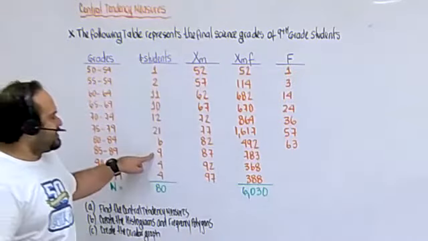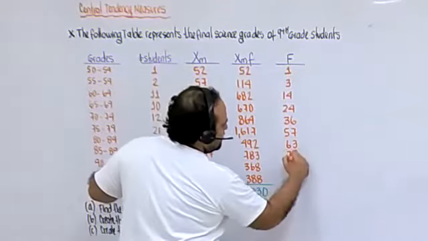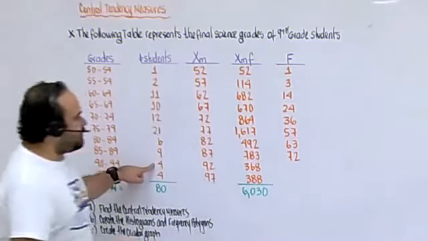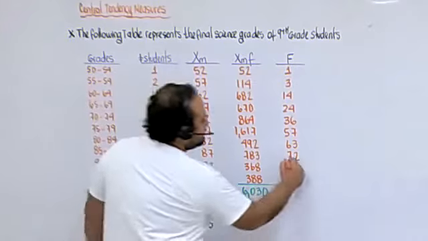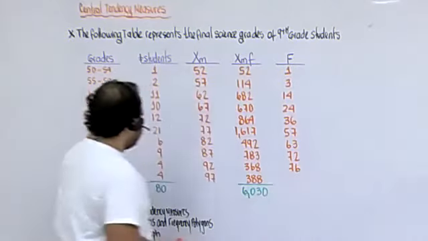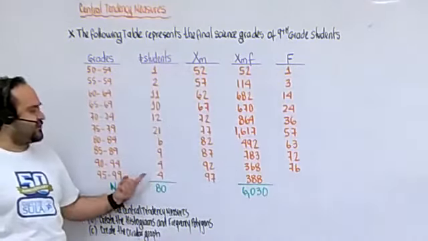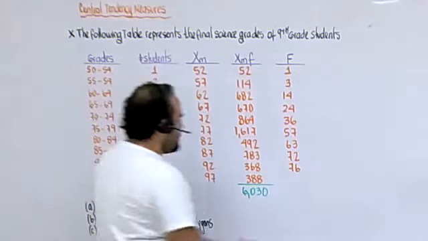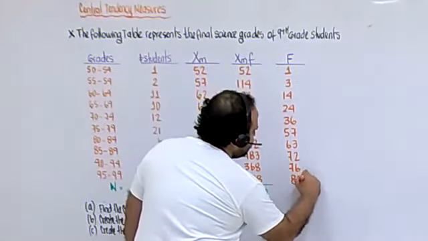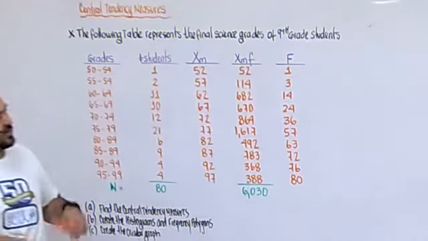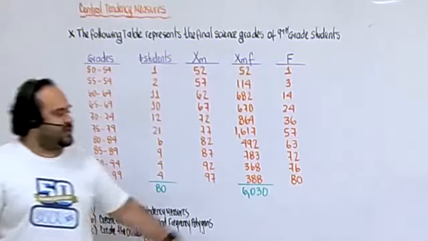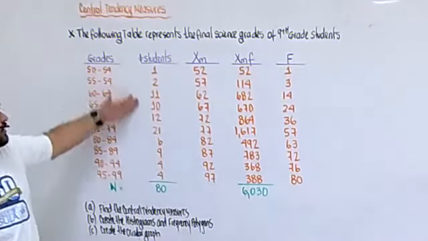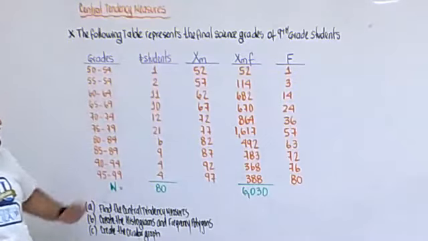Plus 9, 72. 72 plus 4 will be 76. And finally, 76 plus 4, that will be 80. Remember, the last number in the accumulated frequency is supposed to match the addition of the absolute frequency.